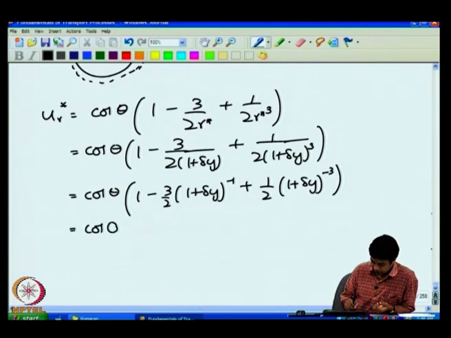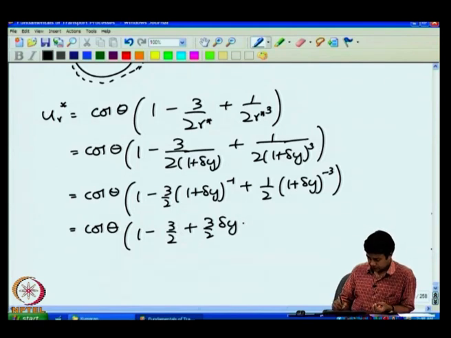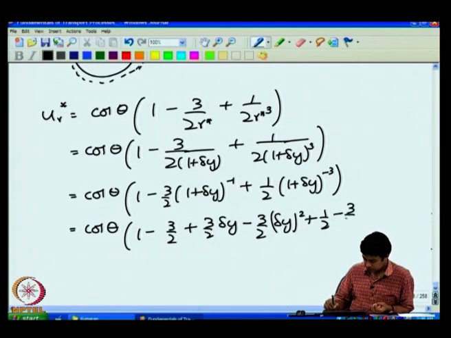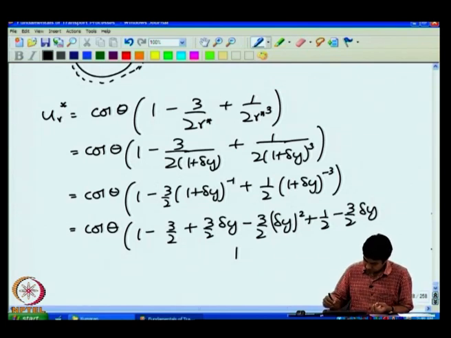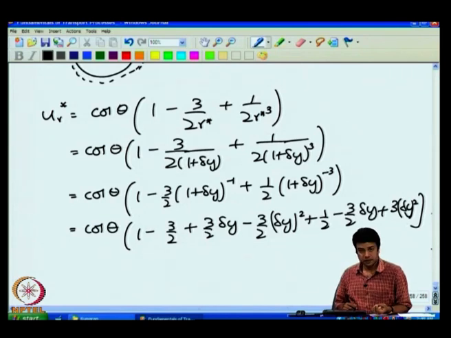And if I expand this out, I will get cos theta times (1 minus 3 by 2 plus 3 by 2 delta y, minus 3 by 2 delta y the whole square plus 1 by 2 minus 3 by 2 delta y plus 3 delta y the whole square), using a binomial expansion.